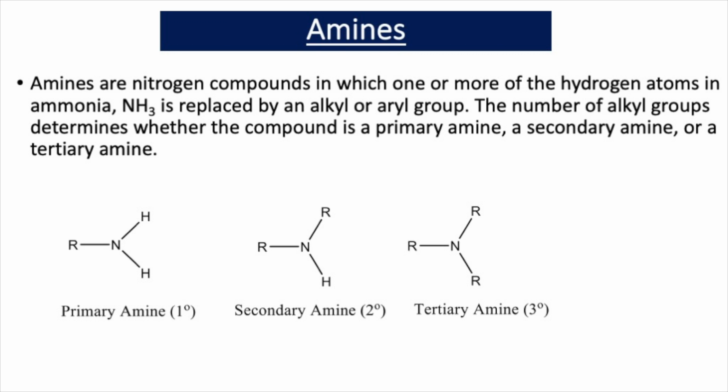So if we have a primary amine, one of the hydrogens in ammonia has been replaced by an alkyl group or an aryl group. If we have a secondary amine, two of the hydrogens in ammonia have been replaced by alkyl or aryl groups. And if we have a tertiary amine, all three of the hydrogens in ammonia have been replaced by alkyl or aryl groups.